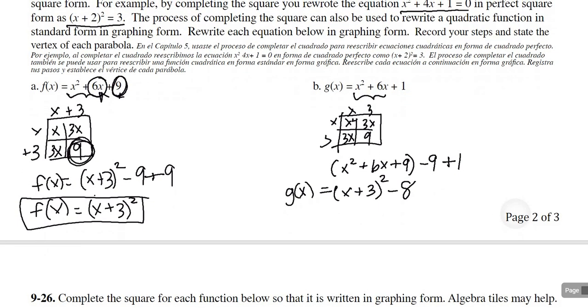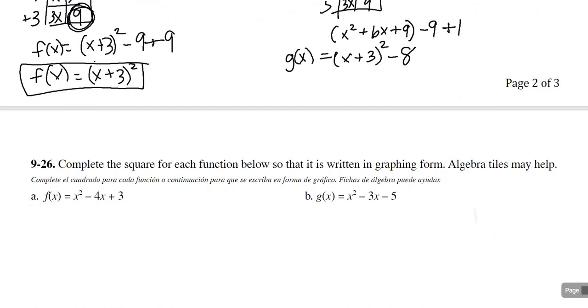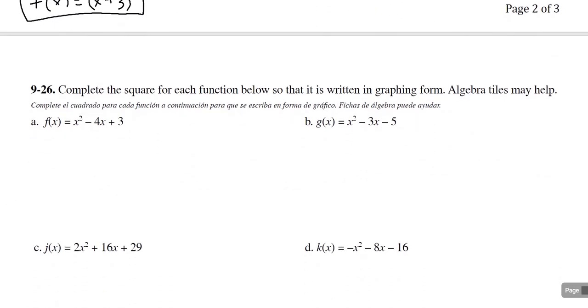Okay, let's keep going. We're going to complete the square for each of these. Ready? All right. So I've got x minus 4 squared. I'm going to take the minus 4 and break that in half.